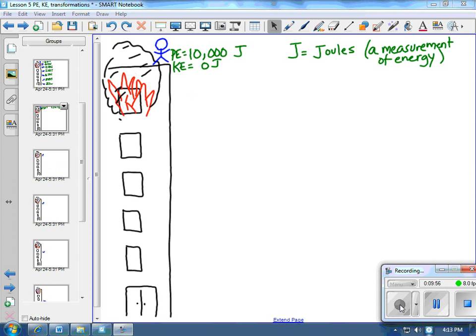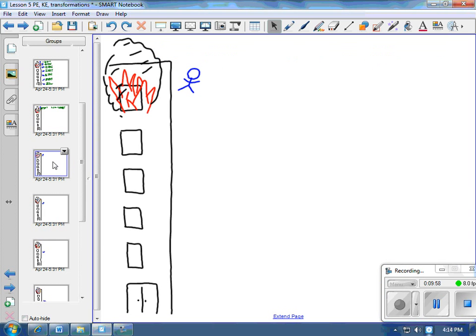Now, as she begins to fall, we get to this point. Now, like I said, she's losing some of her potential energy because now it's being converted into kinetic energy. She's starting to move as she jumps off the burning building. So at this point, she has a potential energy of about 9,000 joules.